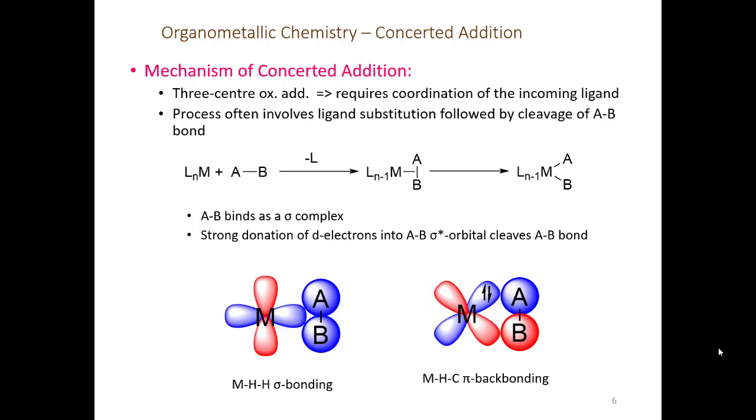It's also important to note that in this mechanism specifically, the initial product is always cis because of the mechanism where it binds side-on and then you cleave the AB bond. And because of that, your two new ligands, A and B, have to be cis to each other.